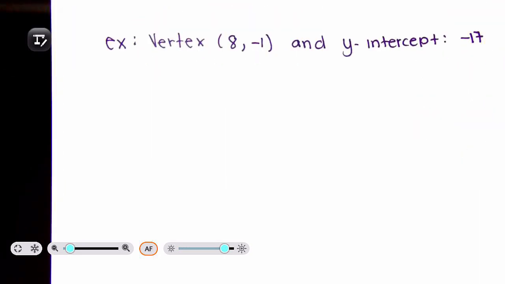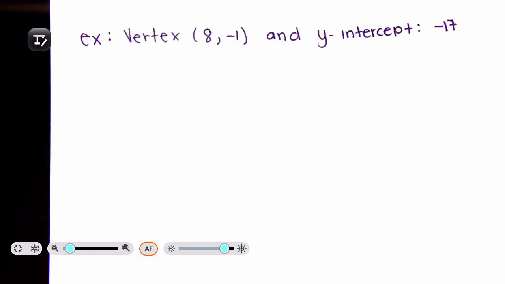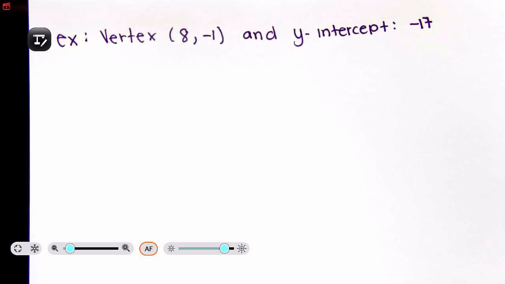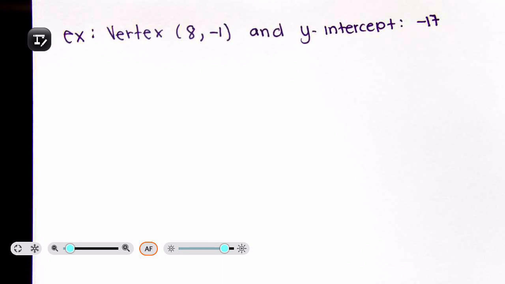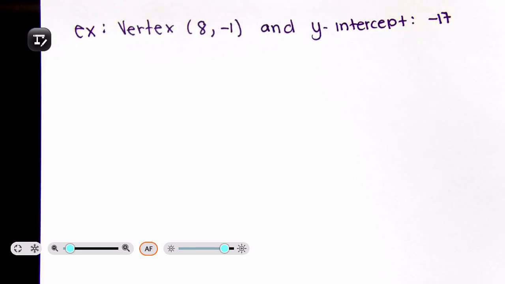All right, beautiful people, this is going to be one of our last examples for this video. Now in this example, I will be introducing one new equation for a parabola. You can derive this equation from the two previous equations, but I'm going to simply give that to you so that we can wrap up this video.